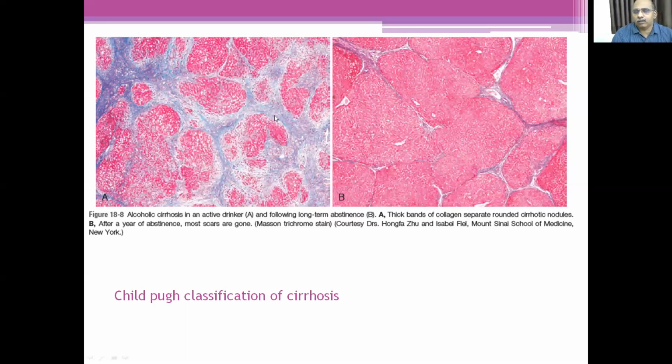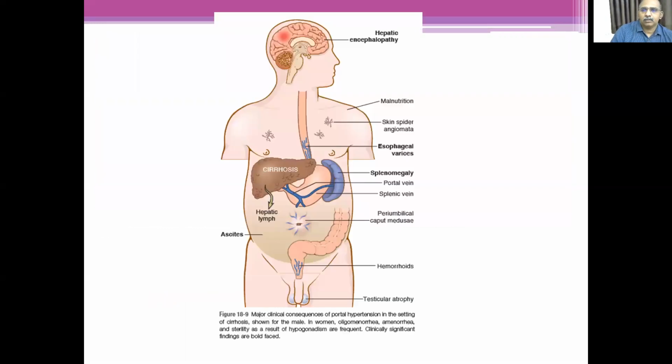If the fibrosis is increased, the liver is not regenerating and is slowly progressing into end stage liver disease. So this Child-Pugh classification helps in tracking the progression of the disease or the diagnosis of cirrhosis and all.